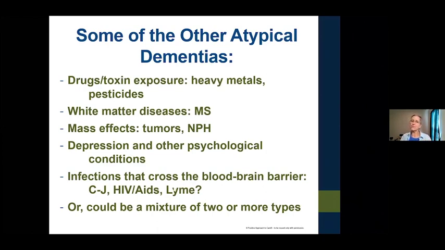So we got Creutzfeldt-Jakob again, this crossing the blood-brain barrier. That's that mad cow phenomena. When you eat brain tissue or body tissue or tissue that's been infected by this particular agent, and you take it into your body, you have a very high risk of developing a very rapid degeneration.